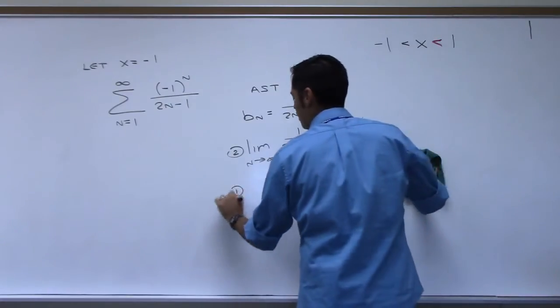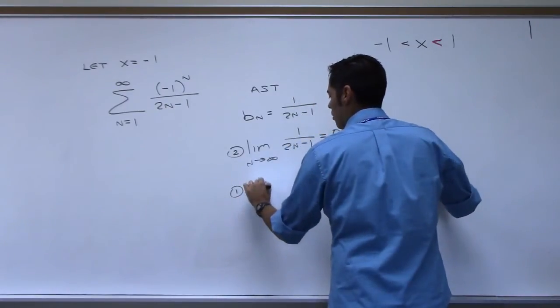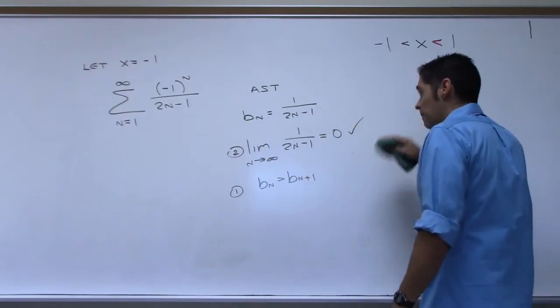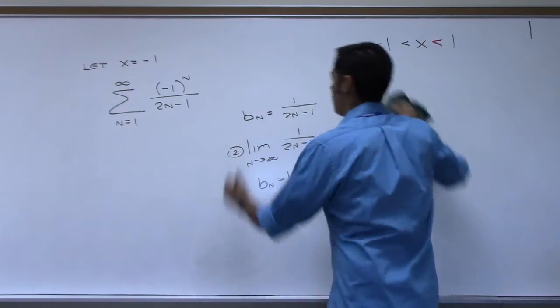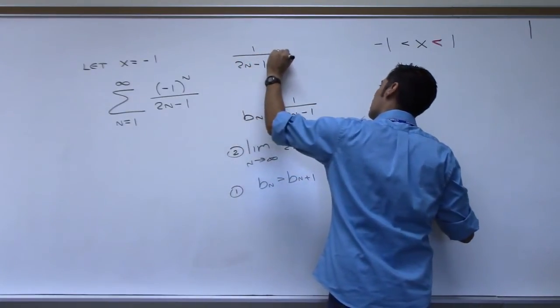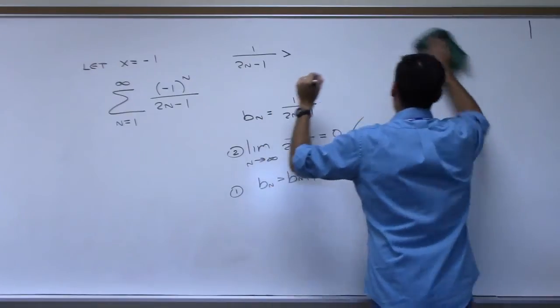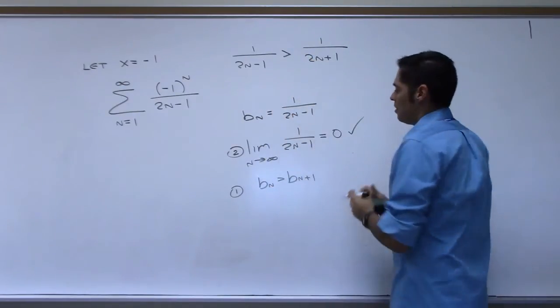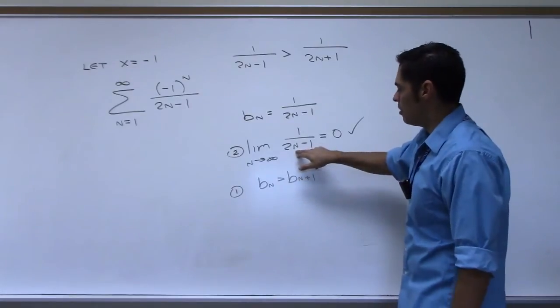And now I need to show it's decreasing. So I want to show that b sub n is greater than b sub n plus 1. I'll do it up here. B sub n is 1 over 2n minus 1. I want to show that that's greater than 1 over 2n plus 1. So that's what happens if you plug n plus 1 in there and distribute.